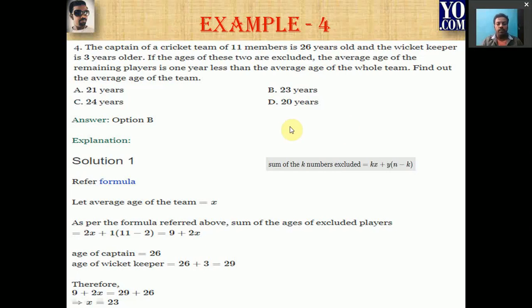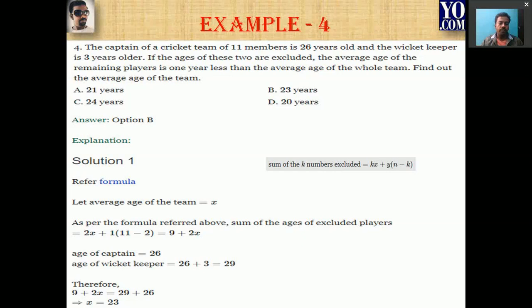So we have to use this formula, that is the excluded option. Sum of the k number excluded is equal to k into x plus y of n minus k. Here k equal to 2. X is what we are going to calculate, the average age of the team.